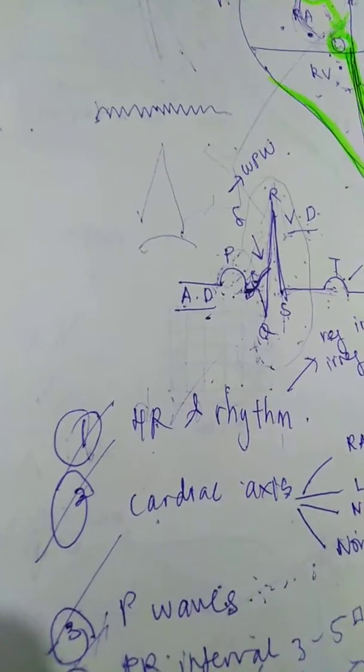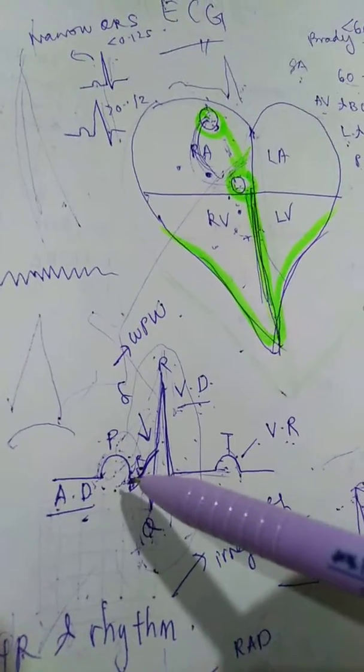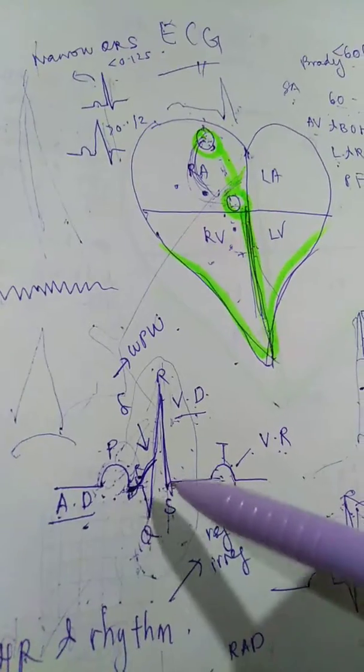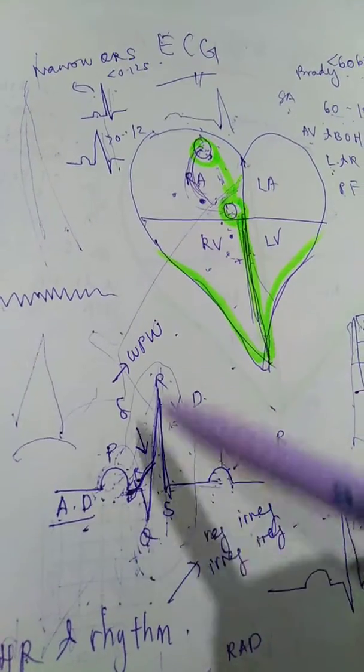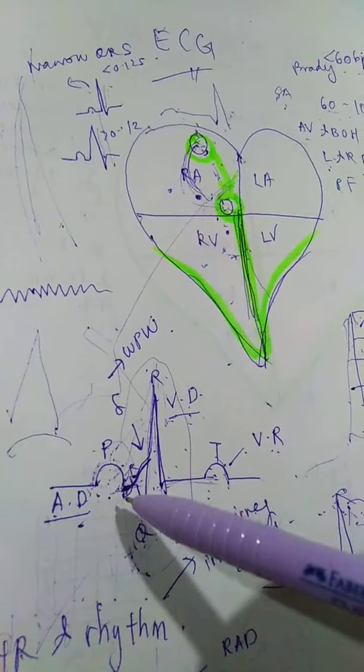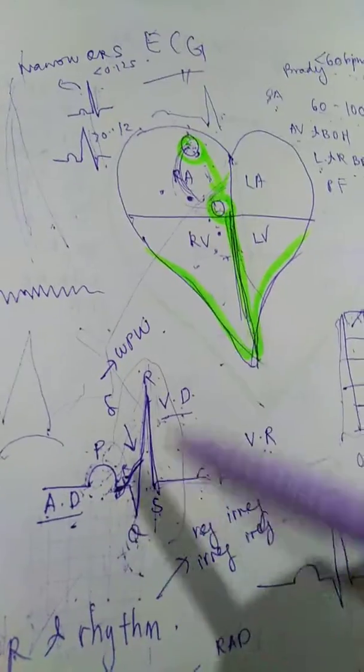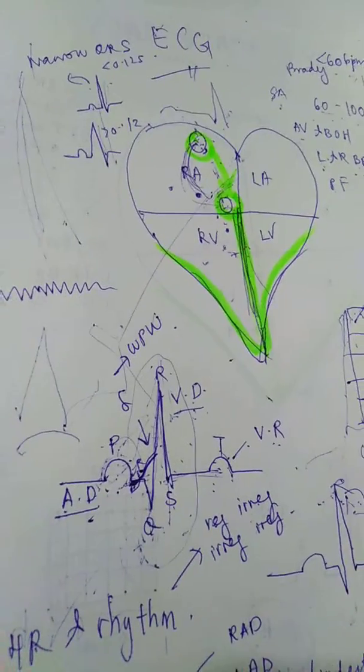Small complexes are defined as less than 5 mm in the limb leads, or less than 10 mm in the chest leads. And tall complexes, which means you literally see very big tall complexes, imply ventricular hypertrophy.